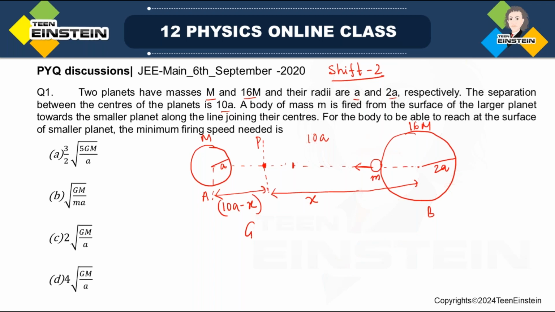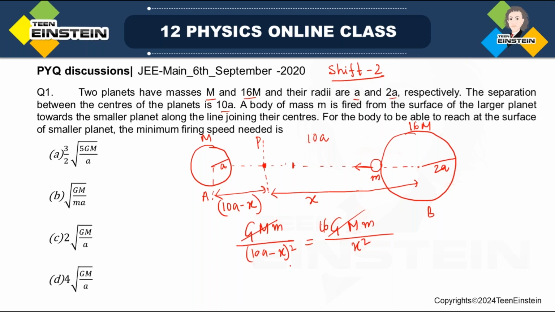So look what I can write: G small m, capital M, divided by x square, that is the distance square, equals G small m times 16M divided by (10a minus x) whole square. So I can strike out G, m, and small m.